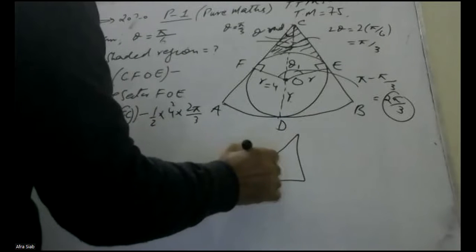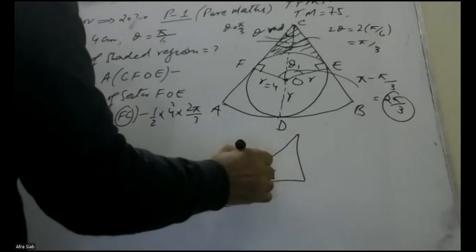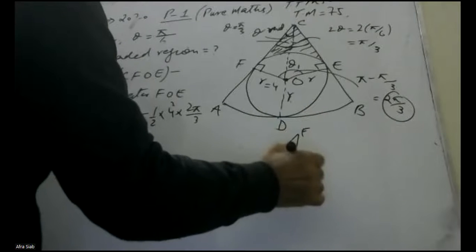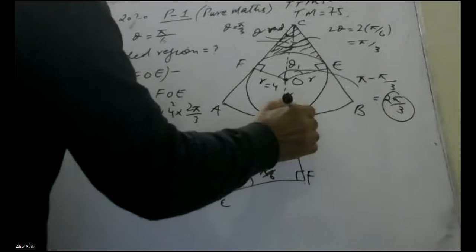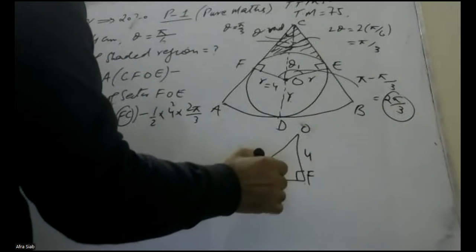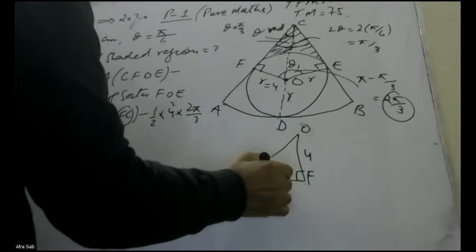Now OF, that is r, is 4, and FC we are going to calculate. We know that at C the angle is pi by 6, this is F, and this one is O. OF is 4, and FC we are going to calculate. Let's say it is X.